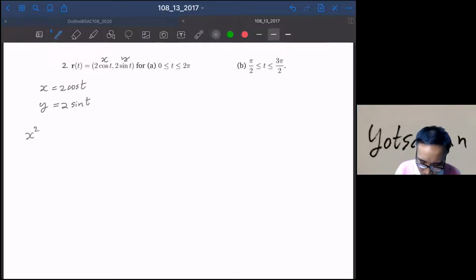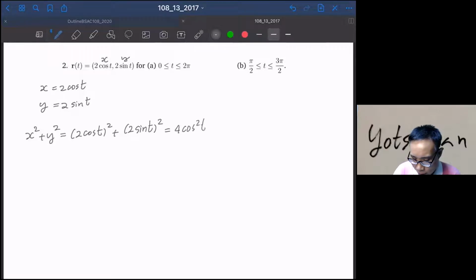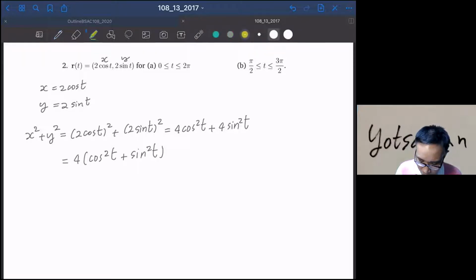And you're going to have x squared plus y squared. This will be (2 cos t) squared plus (2 sin t) squared, so you get 4 cos squared t plus 4 sin squared t. This is 4 times cos squared plus sin squared, and cos squared plus sin squared turns out to be equal to 1.